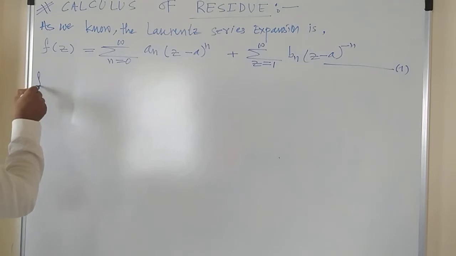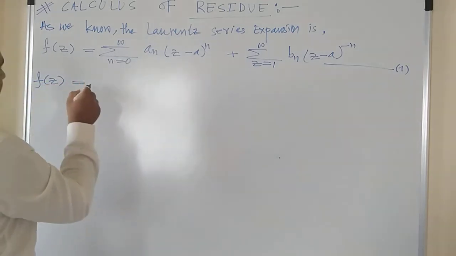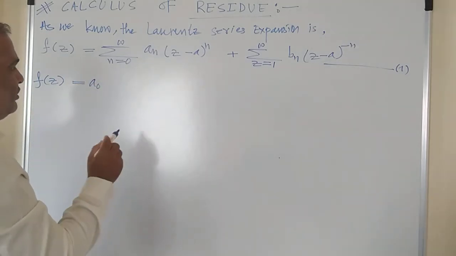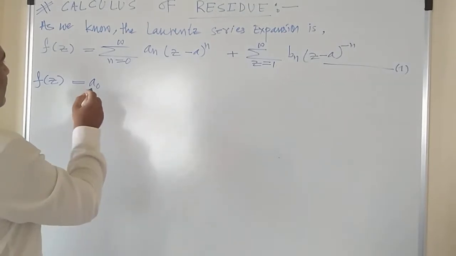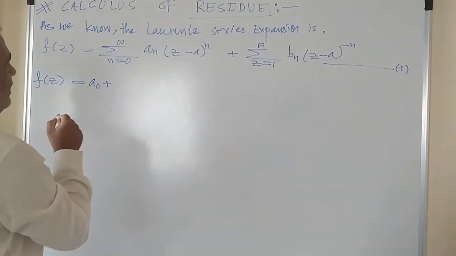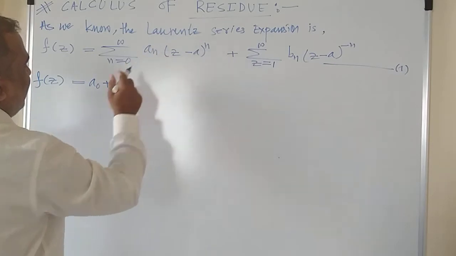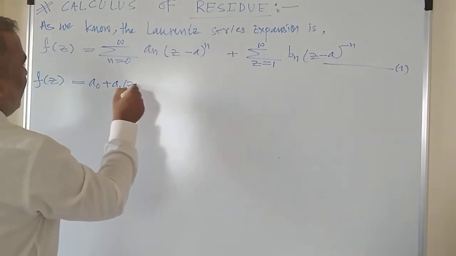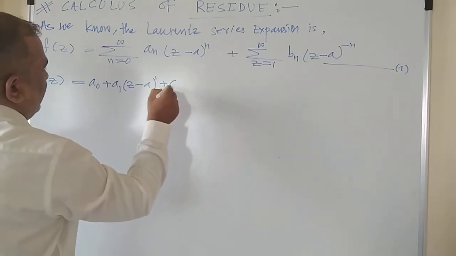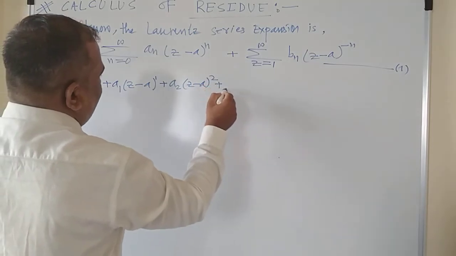If you expand this, you get the complex function f of z equals a_0 into (z minus a) raised to 0, that means 1, so the first term is a_0 only, plus, putting n equals 1, a_1 into (z minus a) raised to power 1, plus a_2 into (z minus a) raised to power 2, plus and so on.